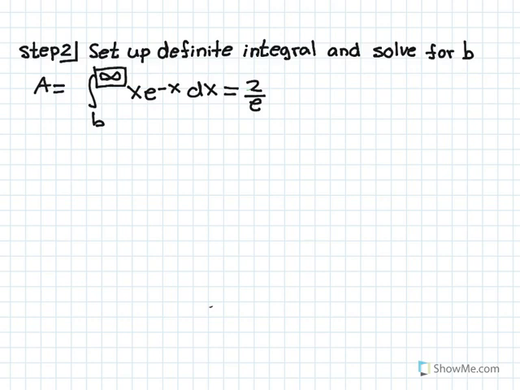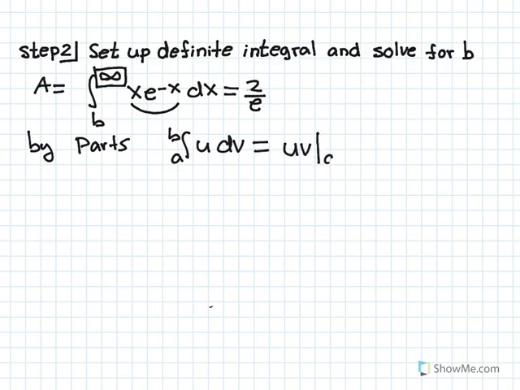So the strategy we're going to employ here, looking at the integrand x e to the minus x: U substitution will not work. We're going to apply integration by parts. The formula is the integral from a to b of u dv is equal to uv evaluated from a to b, minus the integral of v du from a to b.